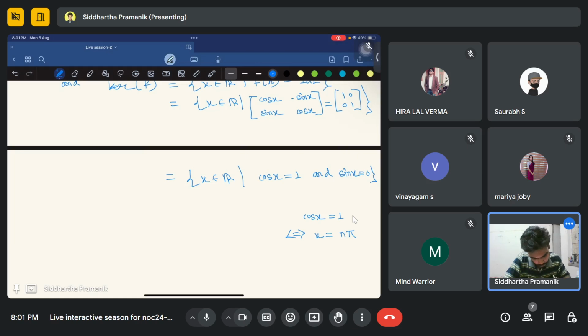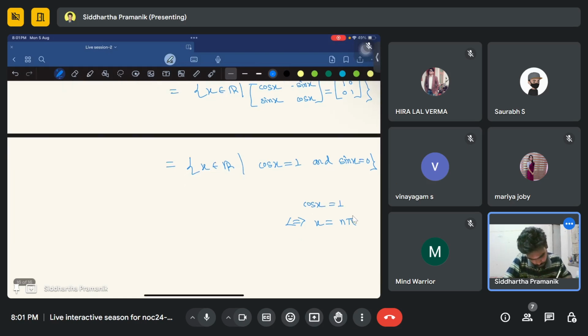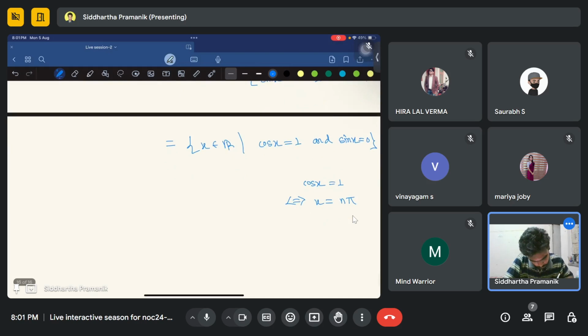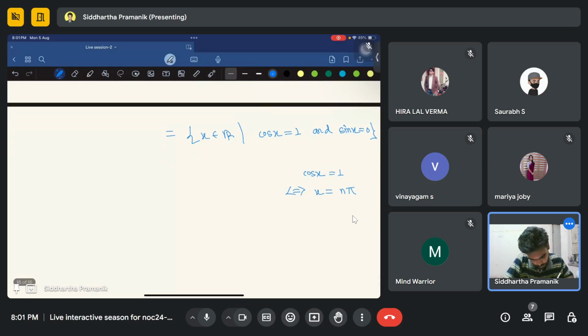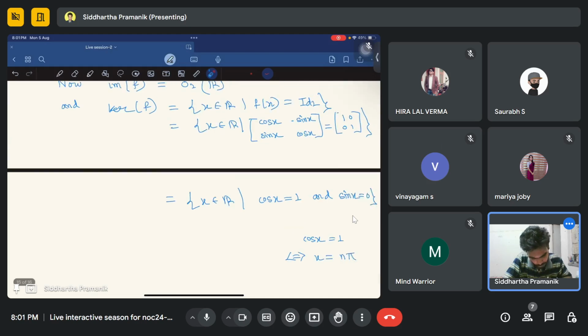Sorry. So what are the solutions of cos x equals 1?